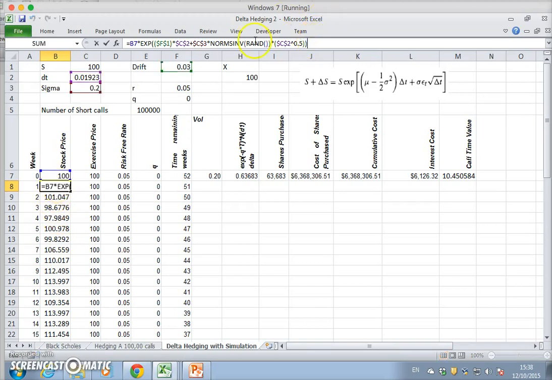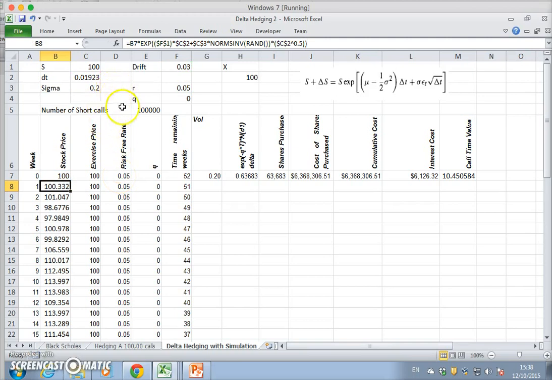What I have here is an implementation of this. So we set out a value for the drift, and the change in the time period is 1/52, and then epsilon is the norm's inverse rand, and then the volatility is multiplied by the square root of the time period, C2, so that's the change in the time period, and we're scaling by the volatility C3, which is the same as the values that we have here.